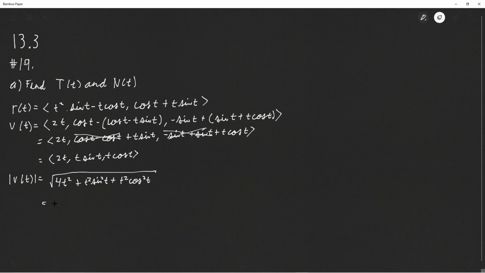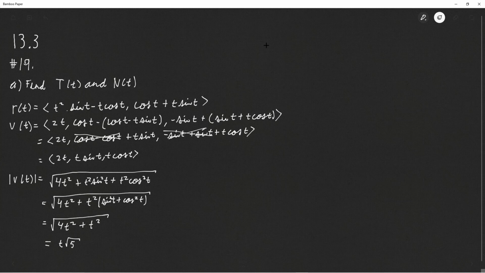And then we could make this the square root of 4t squared plus, and then factor out a t squared here, which will give us sine squared of t plus cosine squared of t, which will just become 1. So now we get the square root of 4t squared plus t squared, which gives us t root 5.